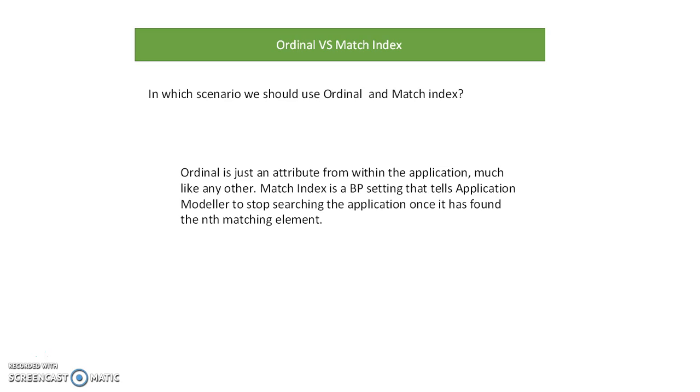Suppose I have two text boxes, first name and last name. When I take ordinal 1, it always takes the first name. Ordinal 2 always takes the second, the last name. So this is the main difference between match index, match reverse, and ordinal. Thanks guys, thanks for watching.